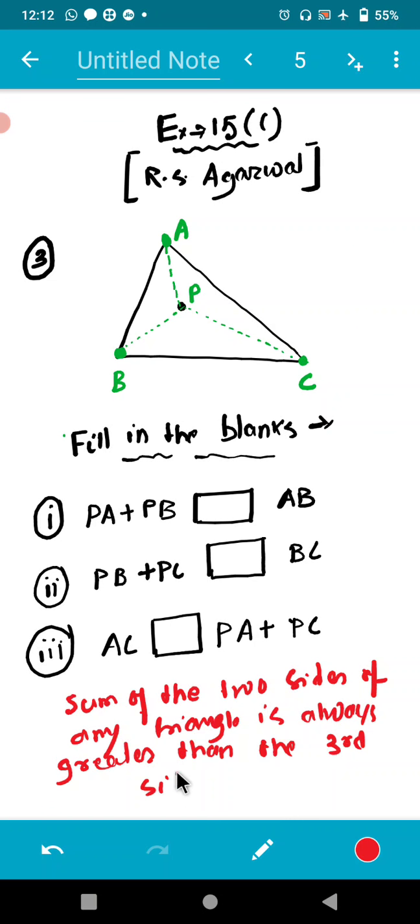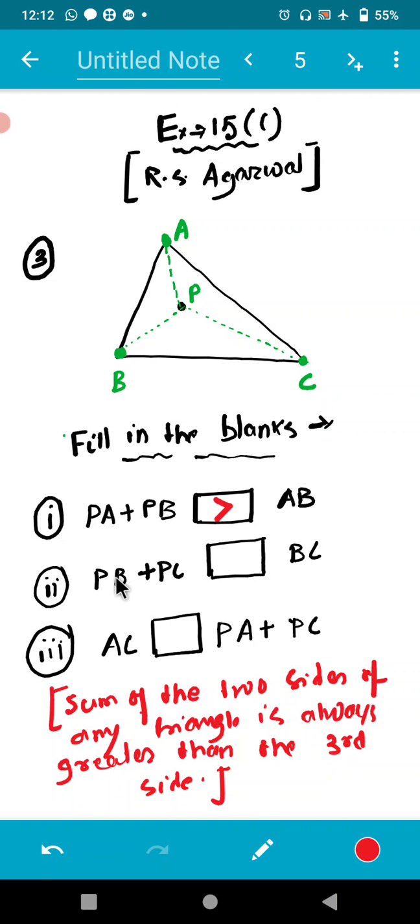Always remember this, and this is the property that will apply to fill all the boxes. Okay, now PA plus PB, you see, PA plus PB. So if we consider this triangle, students, then PA and PB would be greater than AB, isn't it? So we will give a greater than sign here.